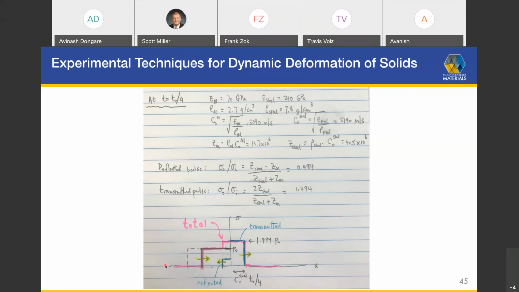Okay? You'll note, incidentally, as you would expect, that you have equilibrium at the interface. That is, you've got a stress of 1.49 P naught both in the aluminum and in the steel. No surprise there.